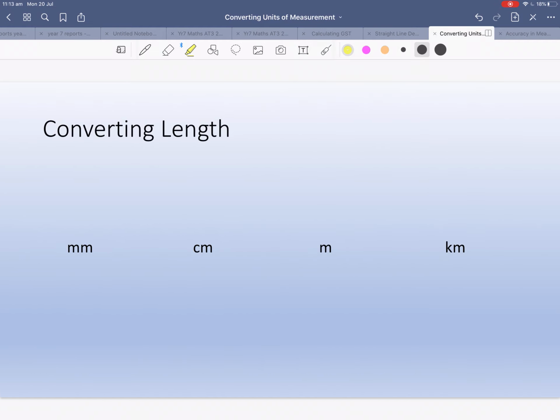So here we've got millimeters, and the way I like to start it off is, how many millimeters in 1 centimeter? There's 10.